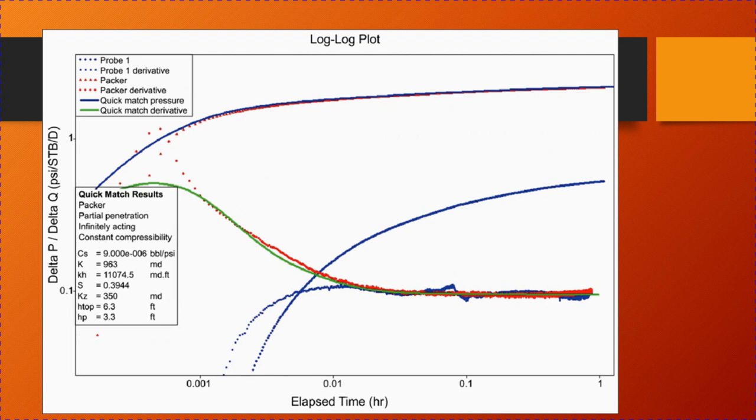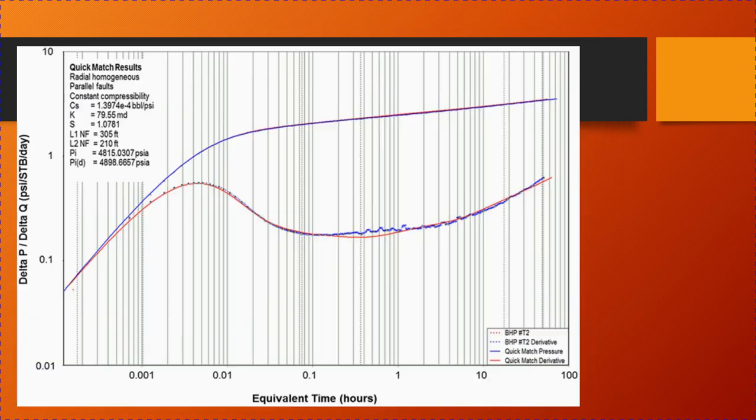You can see that the user has defined a model, so he mentioned the use of Packer, partial penetration, late time behavior infinitely acting, and in this case a constant compressibility.